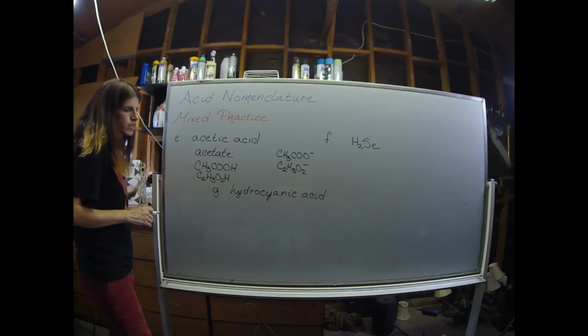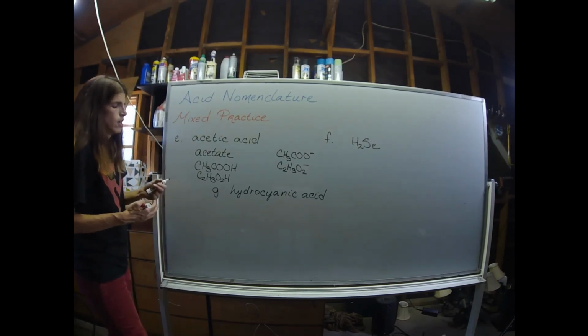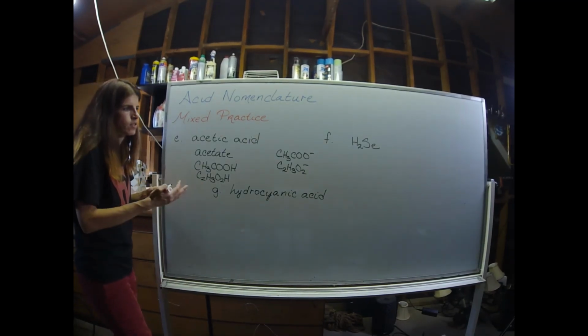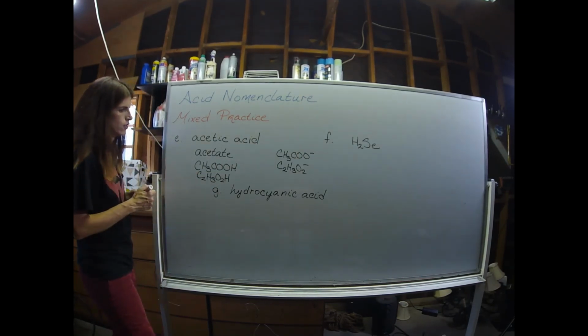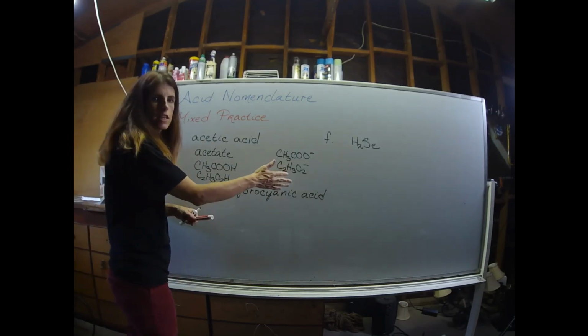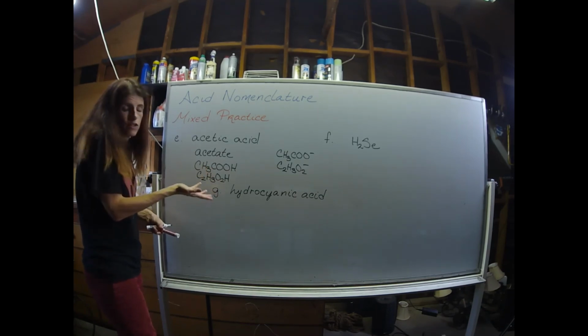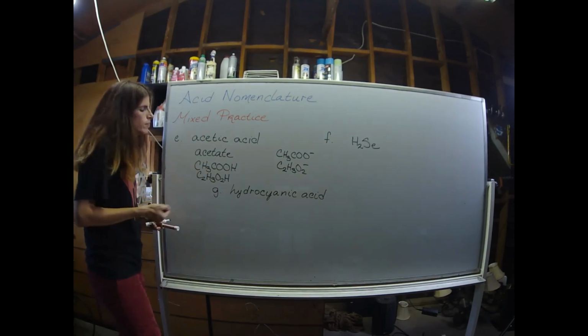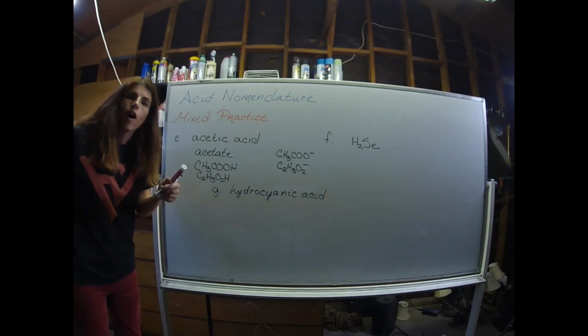And this is bothersome to students because usually the hydrogen comes first, and in this case, with acetic acid, we typically tack the hydrogen onto the end. The reason being, there's a lot of hydrogens in the polyatomic ion, and there's 4 hydrogens in the acid form, right? Which hydrogen is actually breaking off?